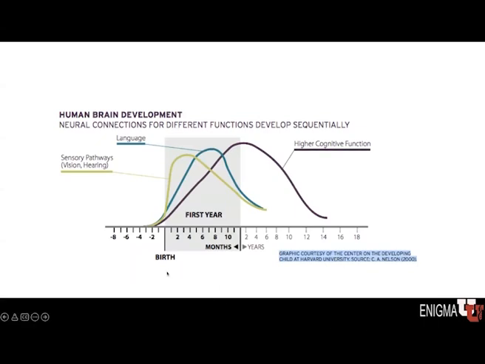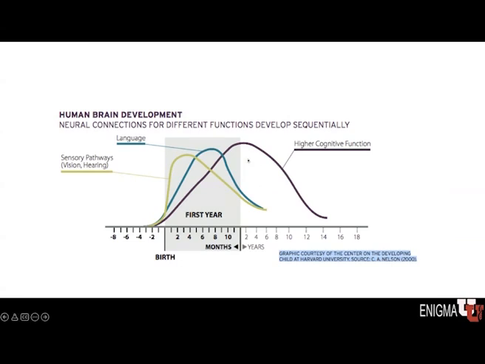And this pattern of development of the brain corresponds with the different functions and the timing at which they develop. I've shown this figure previously, that the sensory functions are among the first to develop, and then language skills develop after that, and then the higher cognitive functions develop later still.